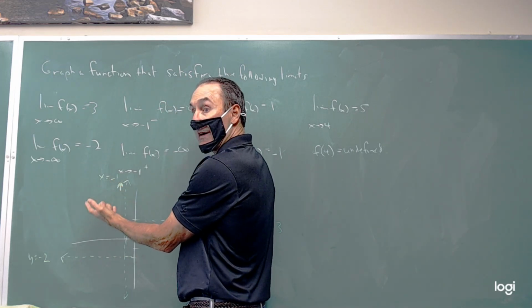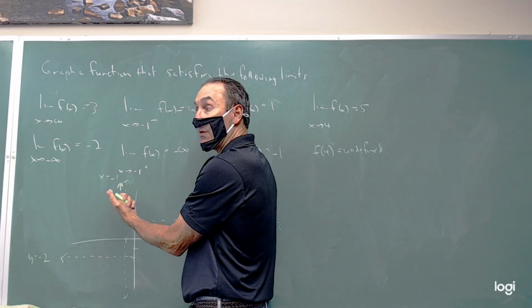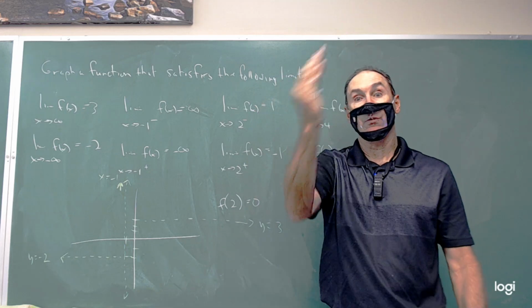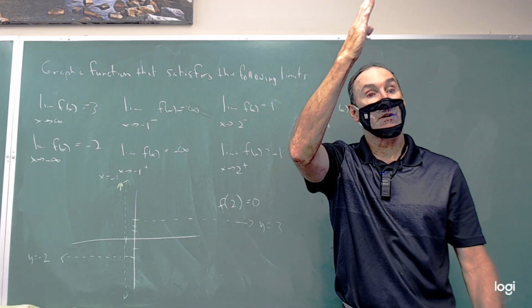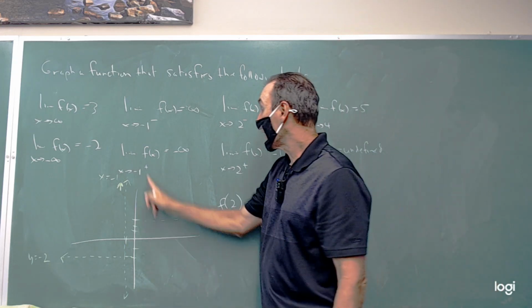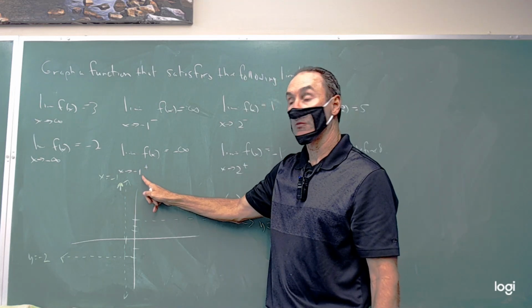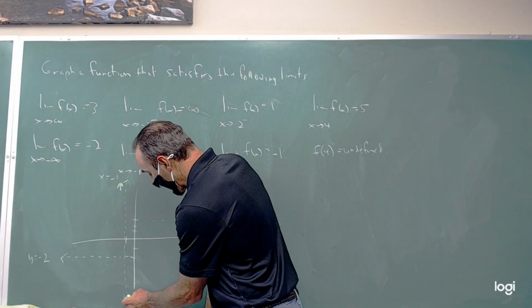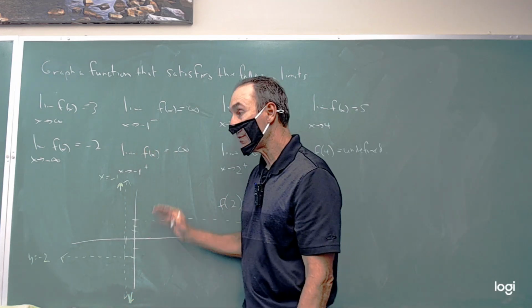So I can come back when I graph this and know I've got to go up there. So as I come to that asymptote, I'm going to have to either go up or down. That's going to tell me to go up. On the other side, as we approach -1 from the right, we're going to go to negative infinity. So I'm going to, down here, put a little arrow so I know that as I come in this way, we're going to have to dive down.